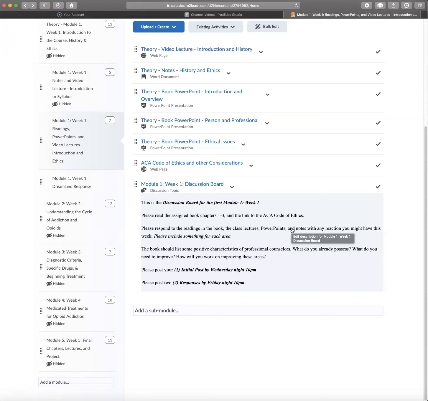Even if I give you half the points, I will also give you the opportunity to go back and add more to it so that you can get full credit.